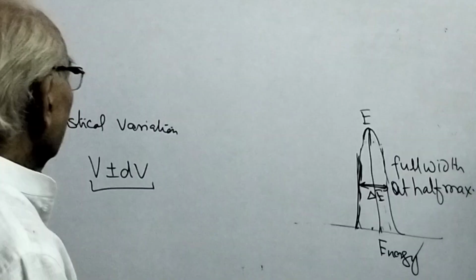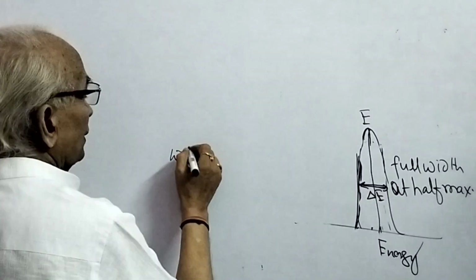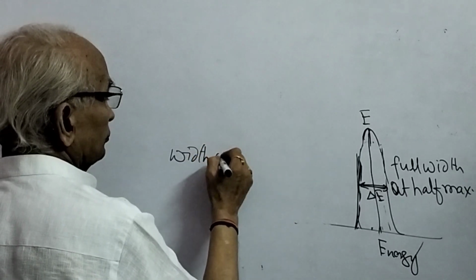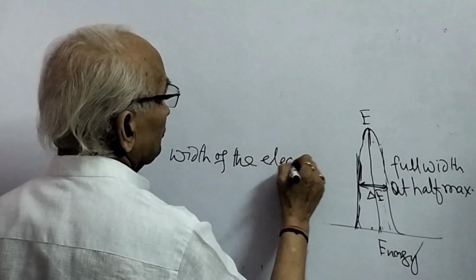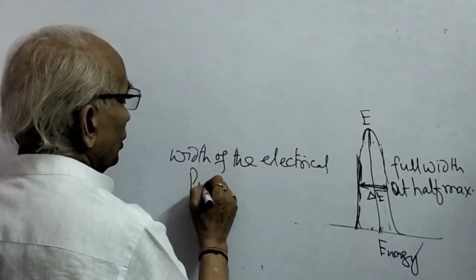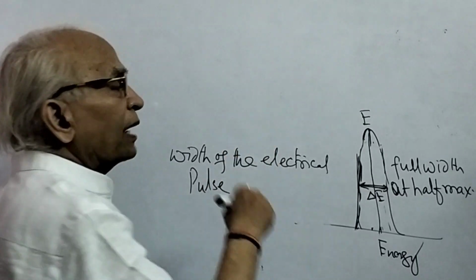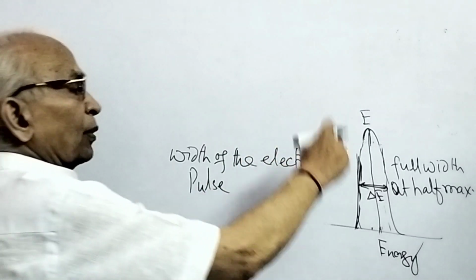Because this gives the width of the electrical pulse. Because electrical pulses are of various height, so if you plot them energy versus height, you get a broad peak.